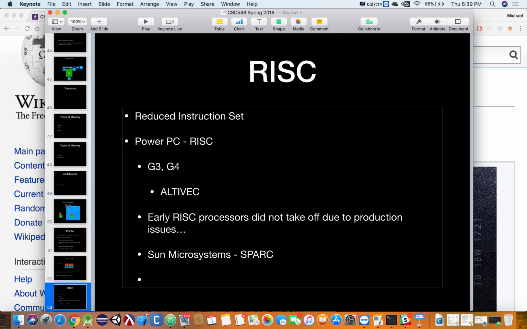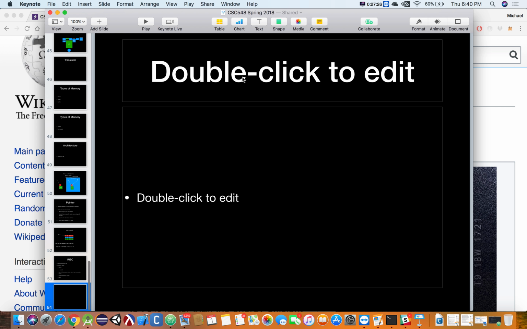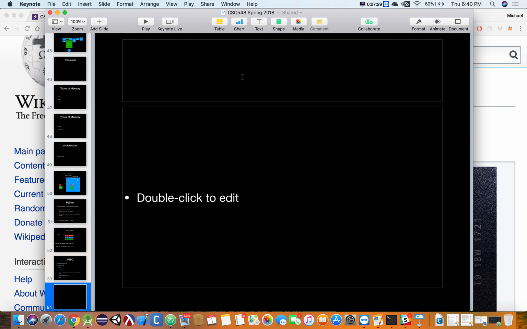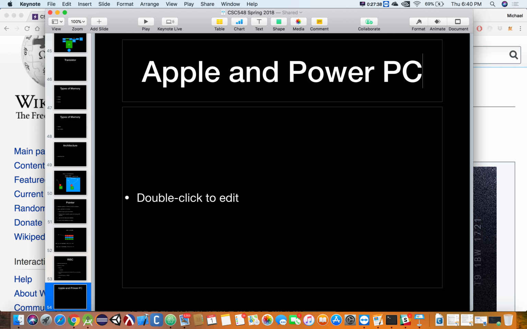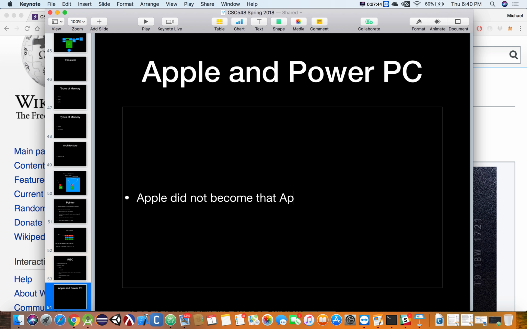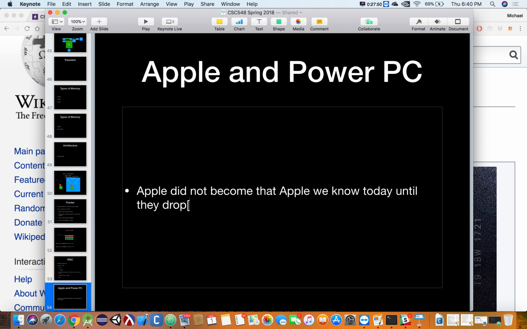So then we have another one, and the book actually references this one, a processor called the MIPS processor. These are all reduced instruction set processors. Now, what's interesting here is arguably, you could say that Apple and PowerPC, we could say Apple did not become the Apple we know today until they dropped PowerPC for the Intel architecture.